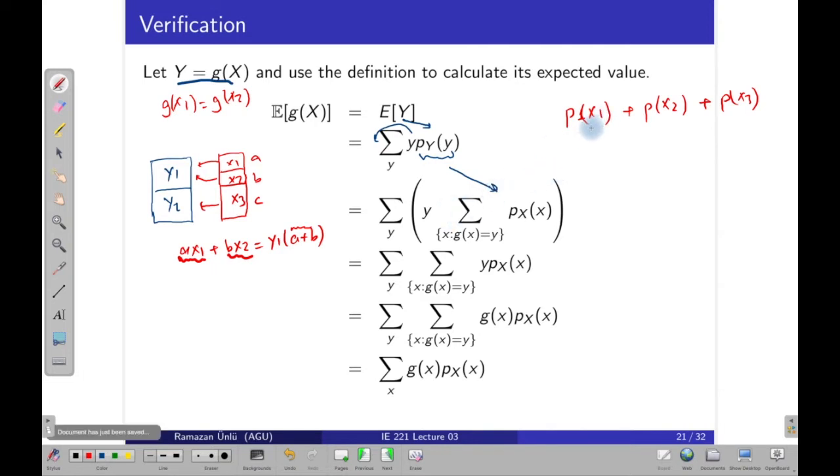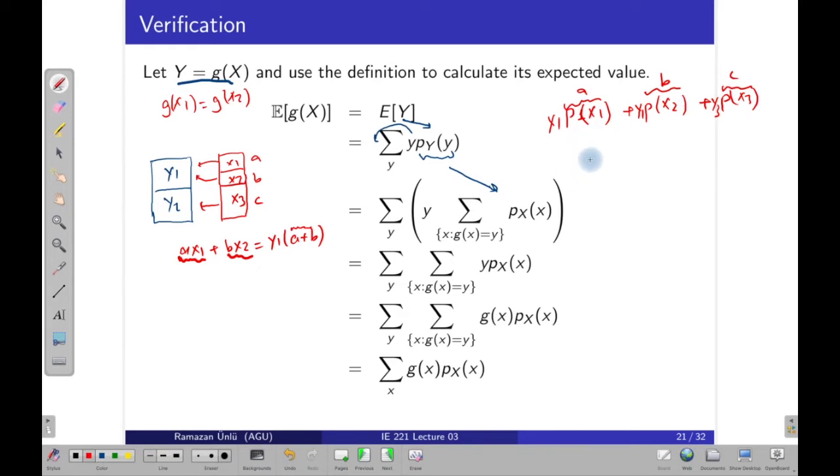So for x1, what we said is it will give us y1, right? So this is going to be y1. For x2, it again gives us y1, so I will multiply this with y1, and for x3 it's going to be y2, right? What was the probability of this one? It is a, from here, and this is b, and this is c.